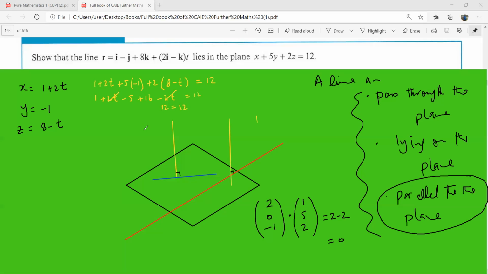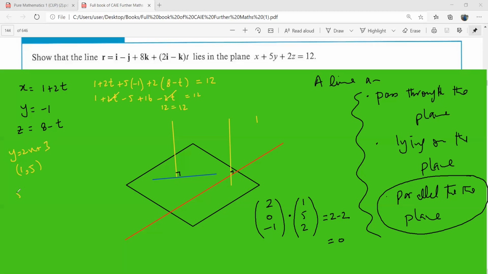So you can note it down for your notes that if a line lies in the plane, you substitute the x, y, z of the line into the plane, you will obtain an identity. It is absolutely the same as you were doing in your O levels. Suppose you have y equal to 2x plus 3, and suppose you have to check if 1 comma 5 is lying on this line or not.